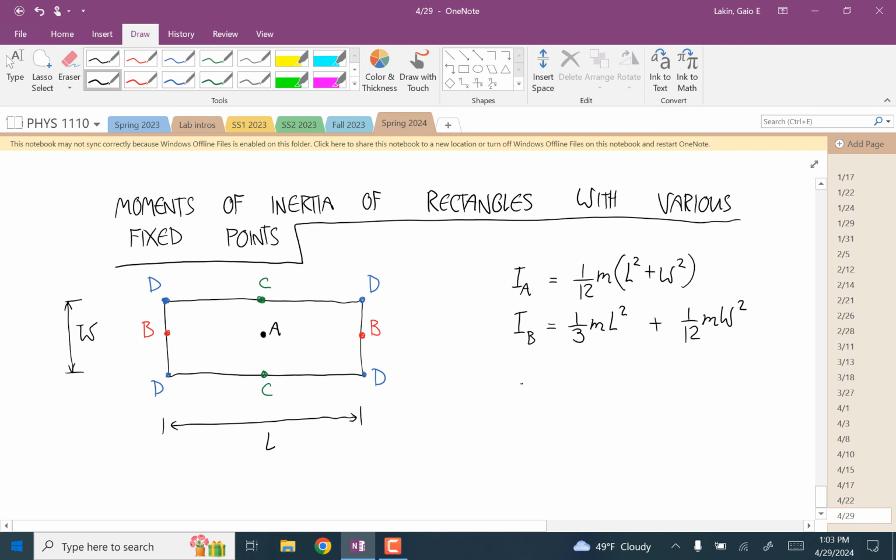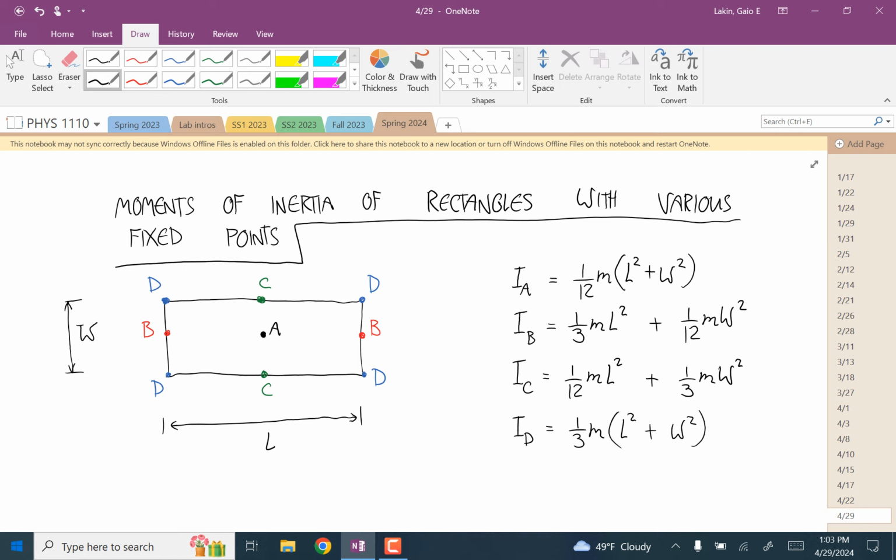If it's at either of those points C, the moment of inertia is, you just flip the order of these, so it's 1/12 times the mass times length squared plus 1/3 times the mass times the width squared. And the last one, if it's at any of the four corners, it's equal to 1/3 times the mass times the quantity, length squared plus width squared. Okay?